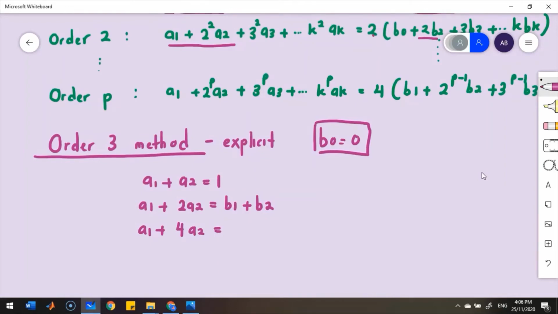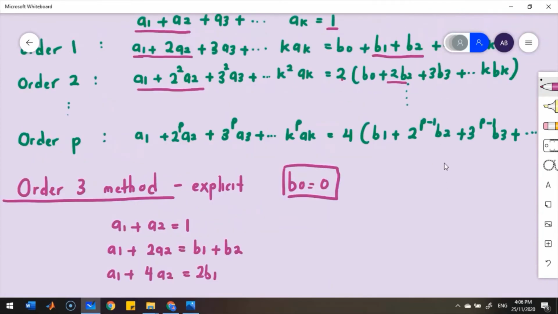So we have 2B1, and then we have B2. There should be a B2 here, so I missed out my B1 and B2. I have B0, I should have B1, and then this should be 2B2. Let me check again.